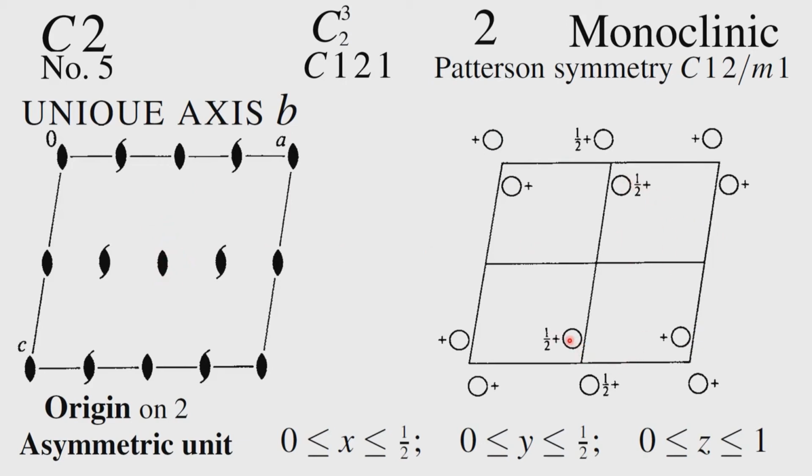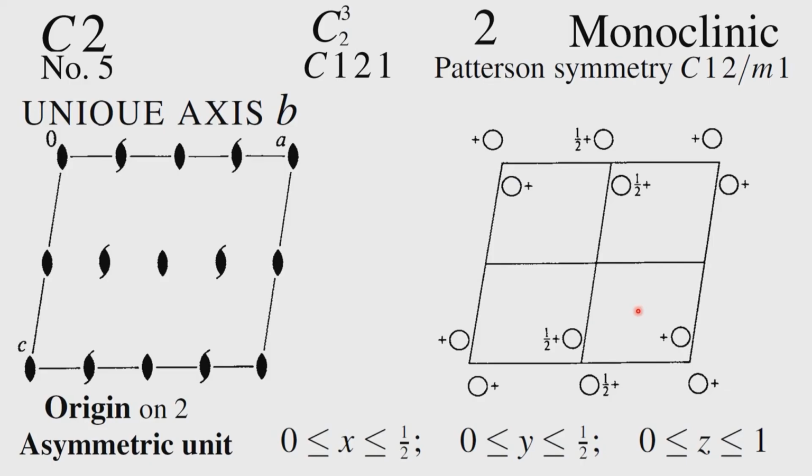So, we get this half plus object at this position. So, we have therefore 1, 2, 3, 4 equivalent positions. So, there are four units in the unit cell.